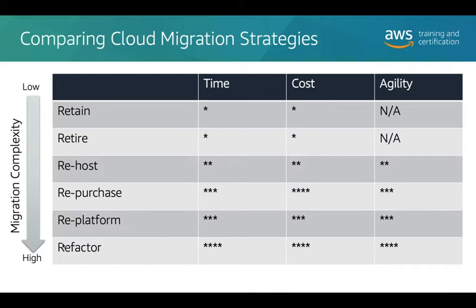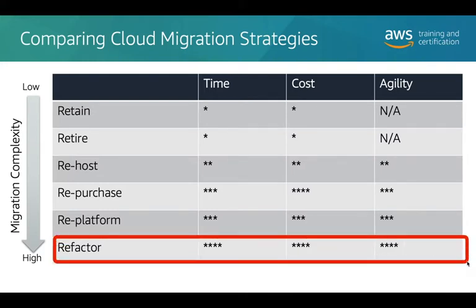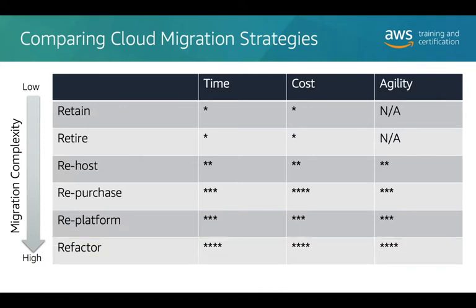If you're going to refactor your application, that may well require a certain amount of time, and that could well take longer than the other approaches. It's certainly in terms of cost and actually getting your teams working on refactoring your application, that will be a cost. On the other hand, in terms of the quality and the ability to be more agile in the cloud going forward, that's going to give you a huge benefit.